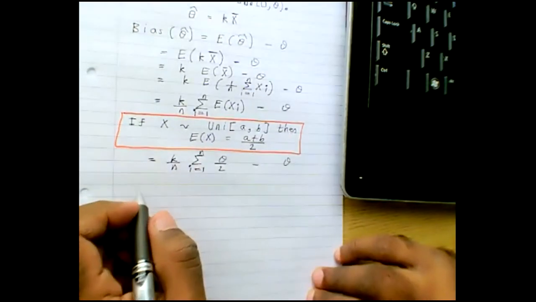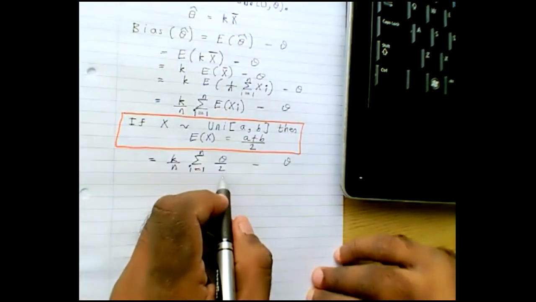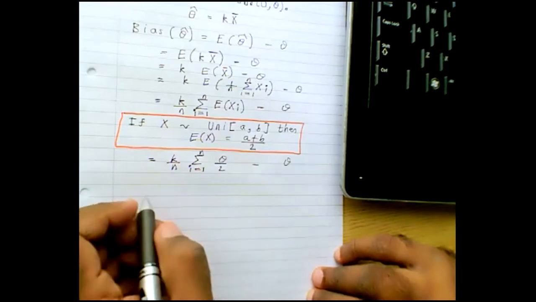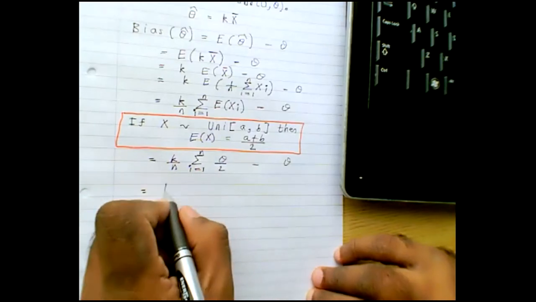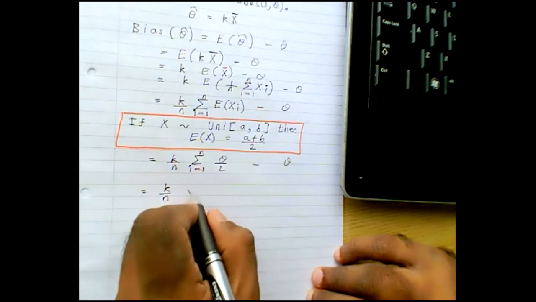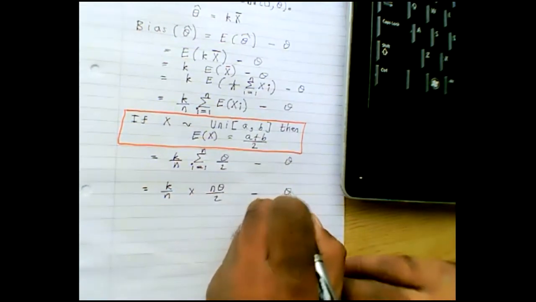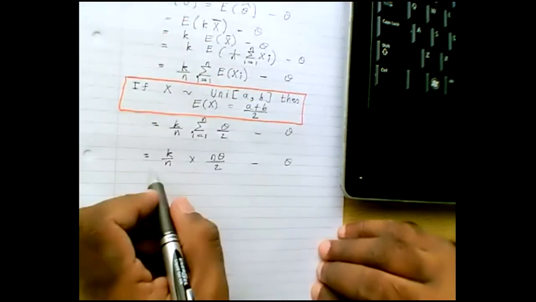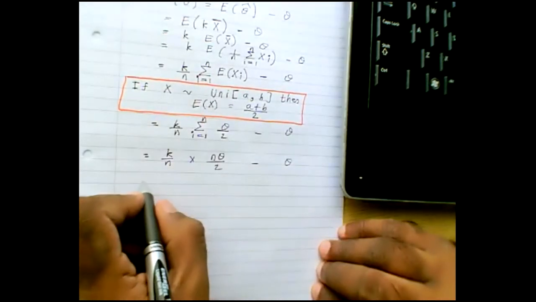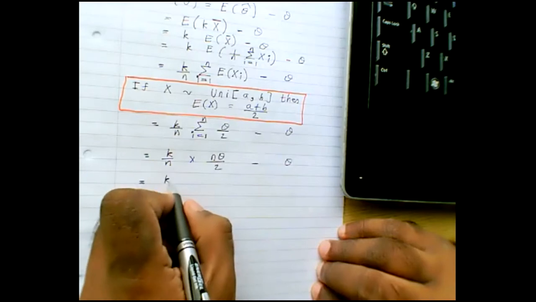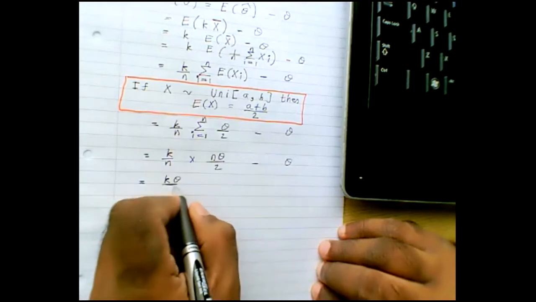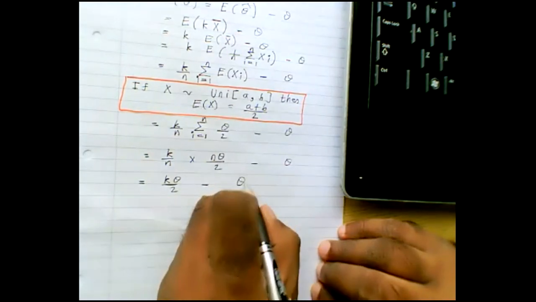So using this result, the expectation of xi is equal to theta by 2, right? Now theta by 2 is a constant with respect to i. So what you have is k over n multiplied by n theta by 2 minus theta. Now the two n's cancel out. So you get k theta by 2 minus theta.